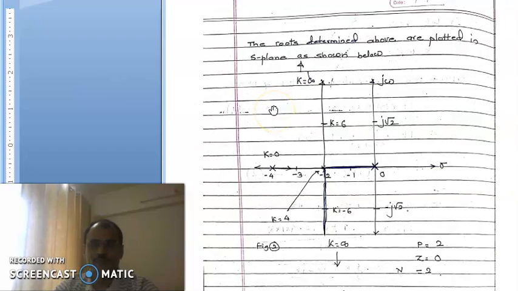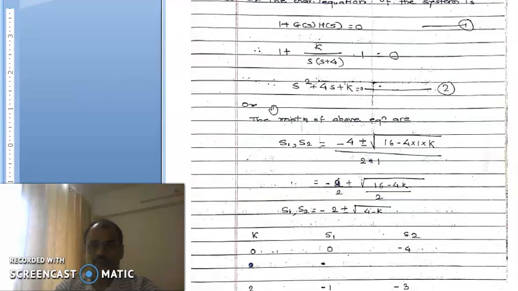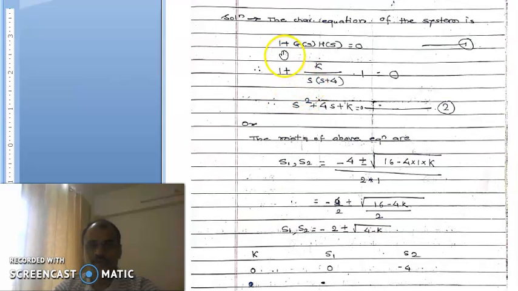So the procedure again, we will start with this characteristic equation 1 plus g of s h of s is equals to 0. After substituting this open loop transfer function and the unity feedback transfer function h of s, we will have the simplified characteristic equation, which is s square plus 4s plus k.